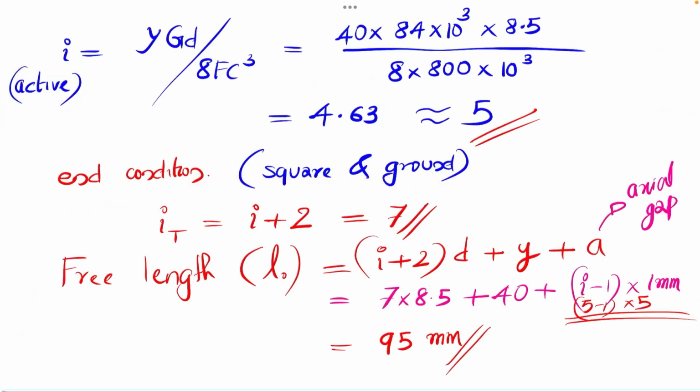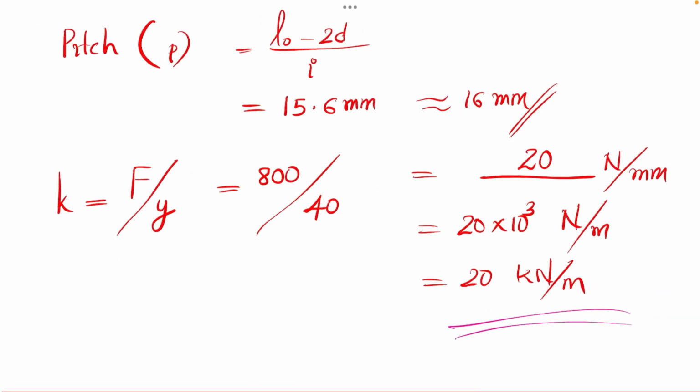Then we evaluated the number of active coils i. Then we assumed a suitable end condition from that table, and using the same table we evaluated the total number of coils, free length, pitch, and finally the spring constant. So this is the procedure for solving such a simple problem from the design of helical springs.